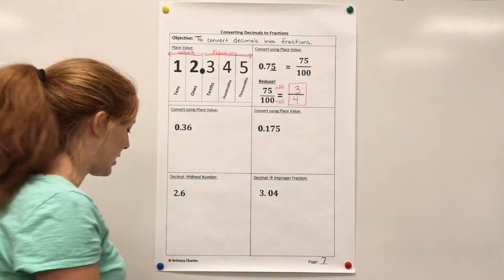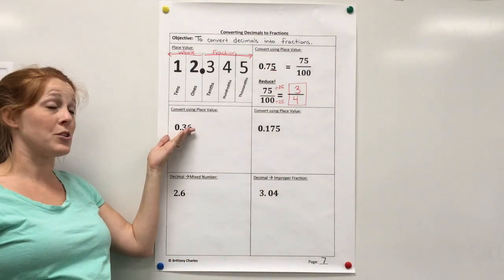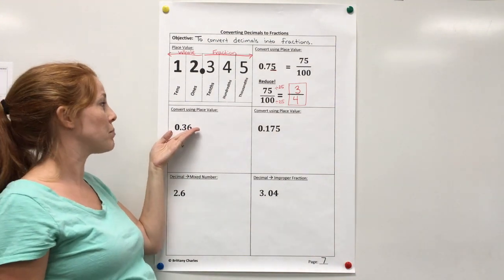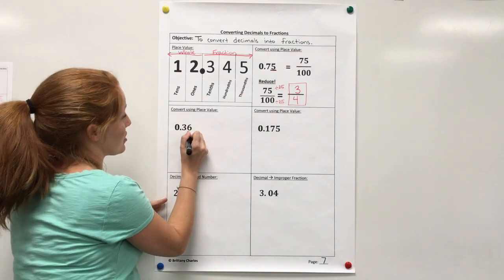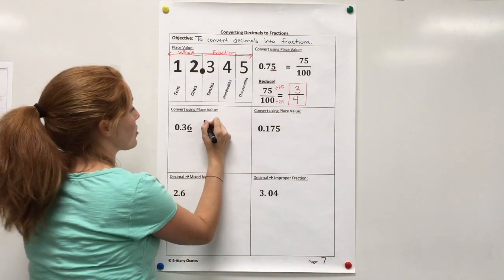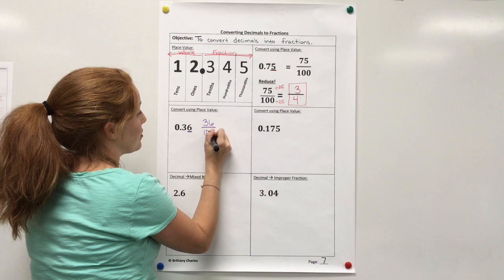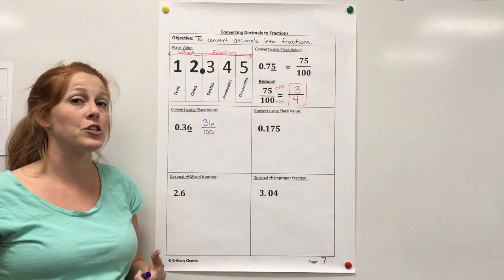All right, next example, we have 0.36, or if I say it the correct way with place value, that's 36 hundredths because it ends in the hundredths place. So I'm going to take 36 and I'm going to put it over 100. Again, you can spend time finding the greatest common factor.